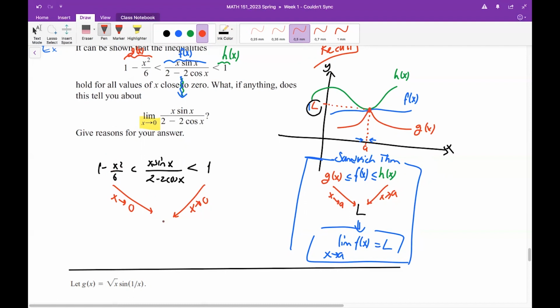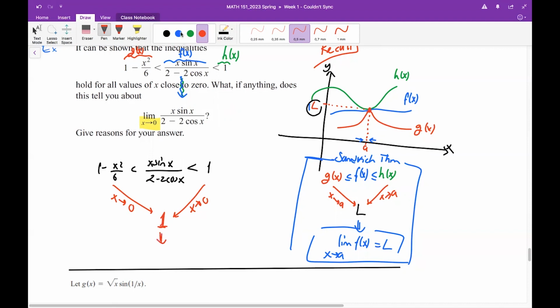Thank you, Murat. It is 1. And what is the limit of this upper bounding function as x goes to 0? Since it is a constant function, it always takes the value 1, no matter towards which value you approach, so it is also 1. So you see, as is desired here, the lower bounding and upper bounding functions have the same limit.